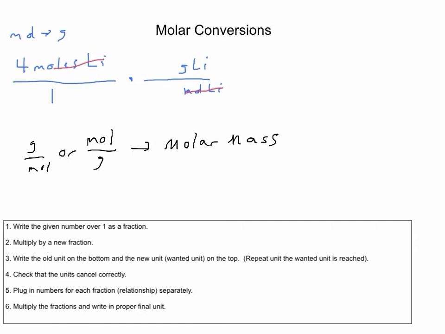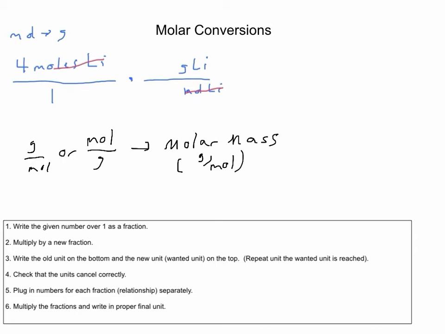The relationship between grams and moles, or moles and grams, is always the molar mass of the compound. And this should make sense because the unit for molar mass is grams per mole. It tells you in 1 mole how many grams that sample has, what the mass of that sample is.